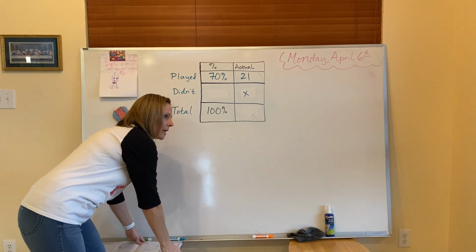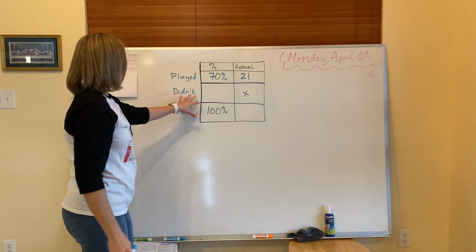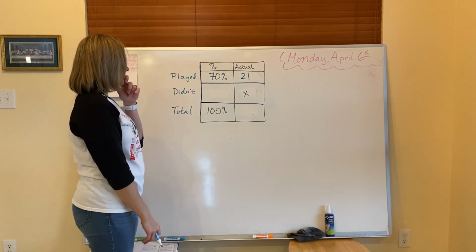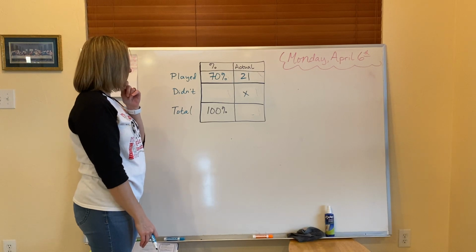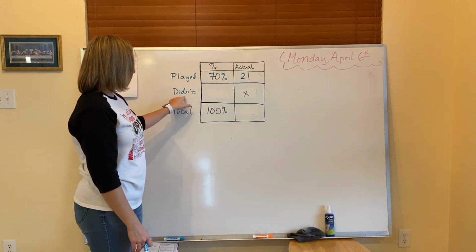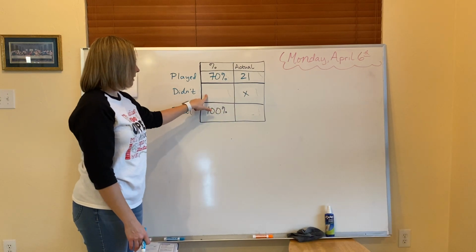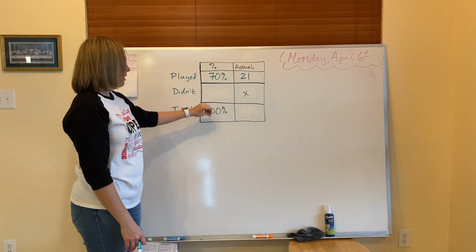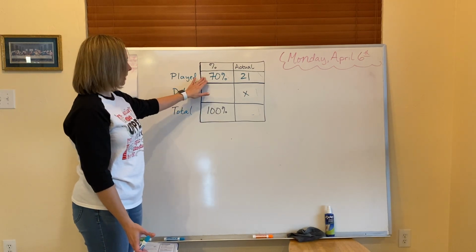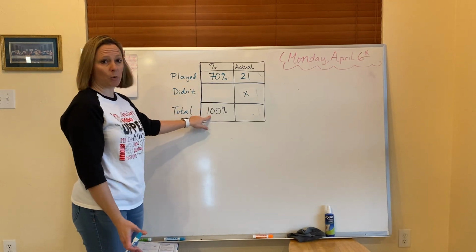Okay, what information do we need to fill in our chart in order to set up an equation or a ratio? We have played, that is filled in completely. We're looking for this column, so we need to fill in this information. That's easy, right? We know that 70 plus something is equal to 100.